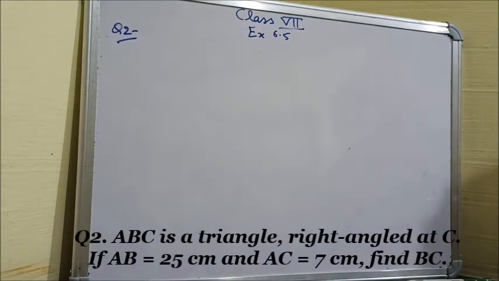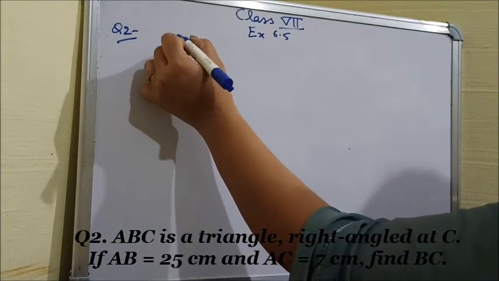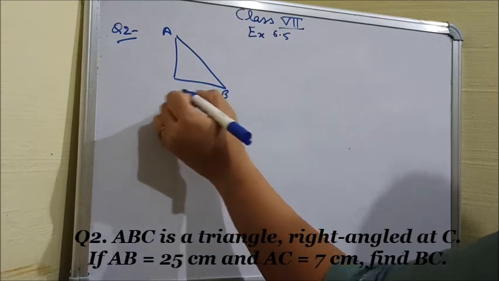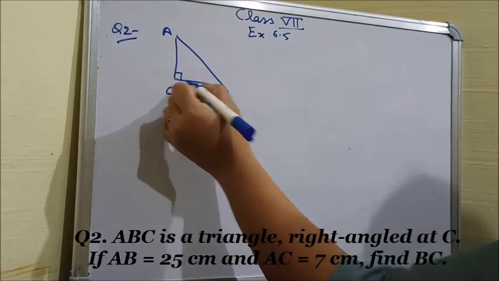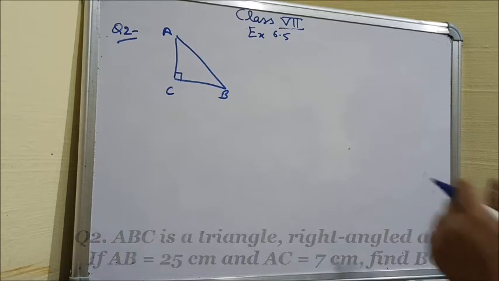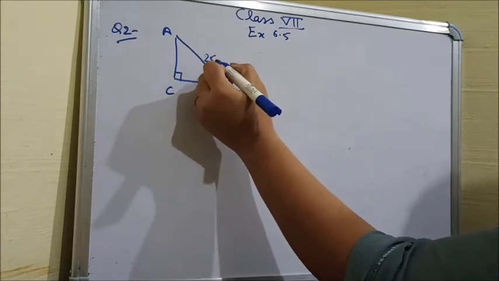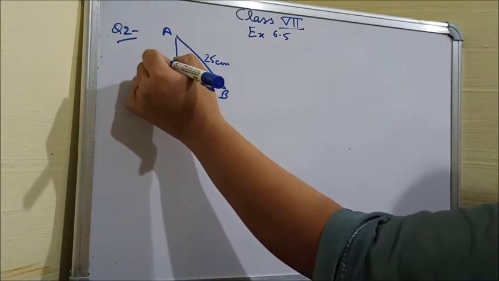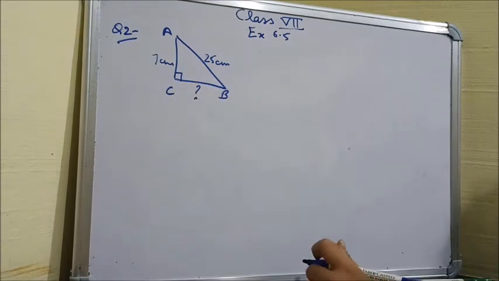ABC is a triangle right angled at C. If AB is equal to 25, AC is equal to 7, BC you have to find out.